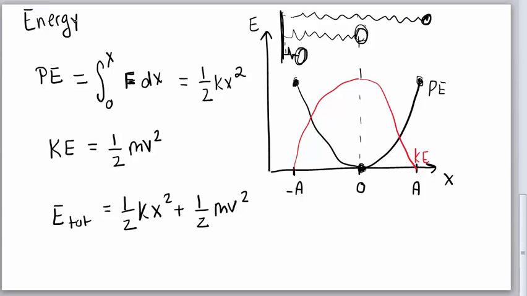Now let's consider the probability of where this ball on a spring goes. So what is the probability of finding the ball on a spring?